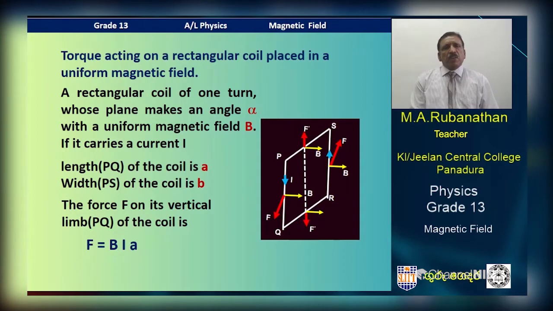Now, a rectangular coil of one turn, whose plane makes an angle alpha with a uniform magnetic field B, carries a current I. I denote all the notation here.